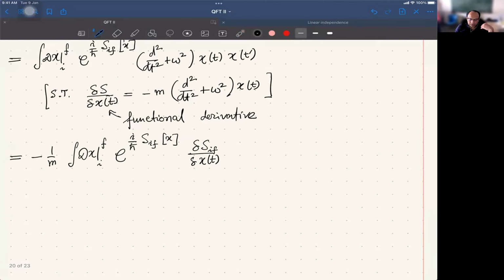Since you are doing the derivative of x(t) at time t, which is between i and f, it is the same times x(t').